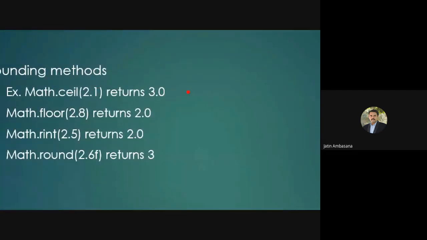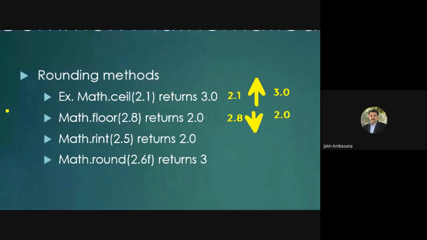Suppose the value is 2.1, it will increase it and that will become 3.0. And math.floor will take your value down. So even if it is 2.8 or 2.9 and you say floor, it will take your value down and make it 2.0.